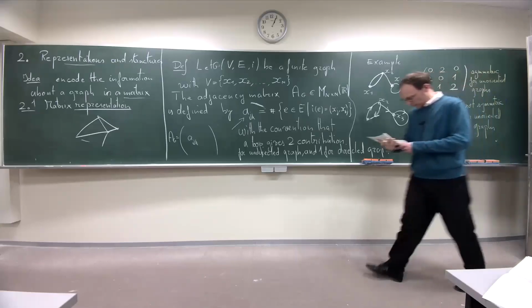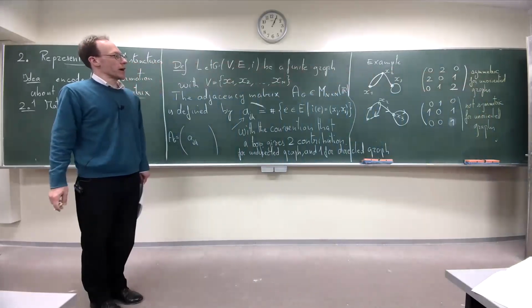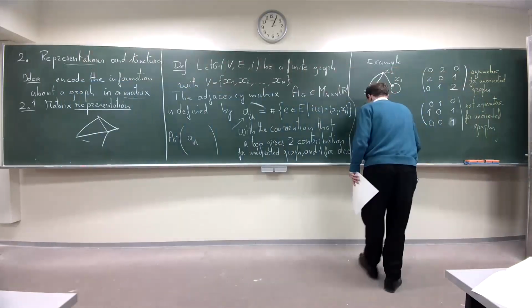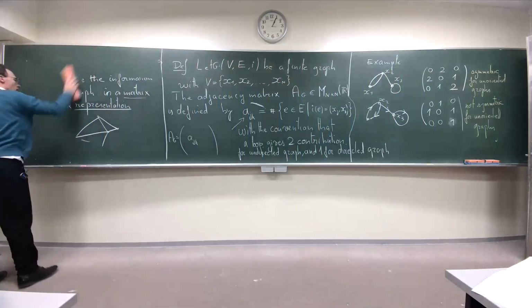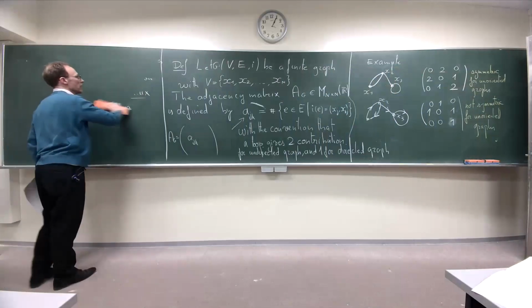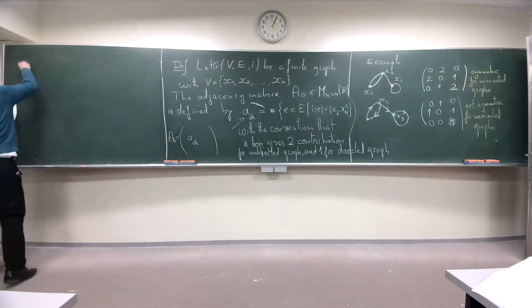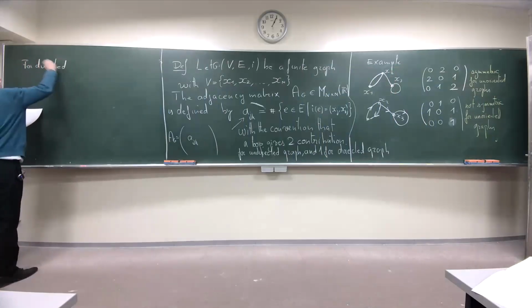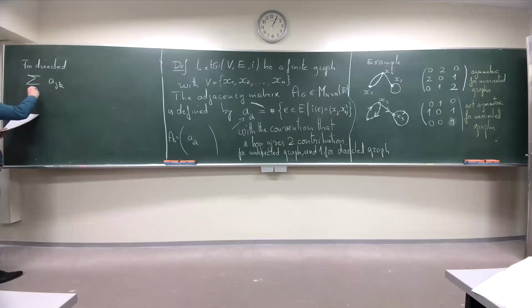And we have additional things. Look at the sum over columns or sum over lines. What do we observe for directed? What is the sum of a_jk when you sum over, let's say, k?